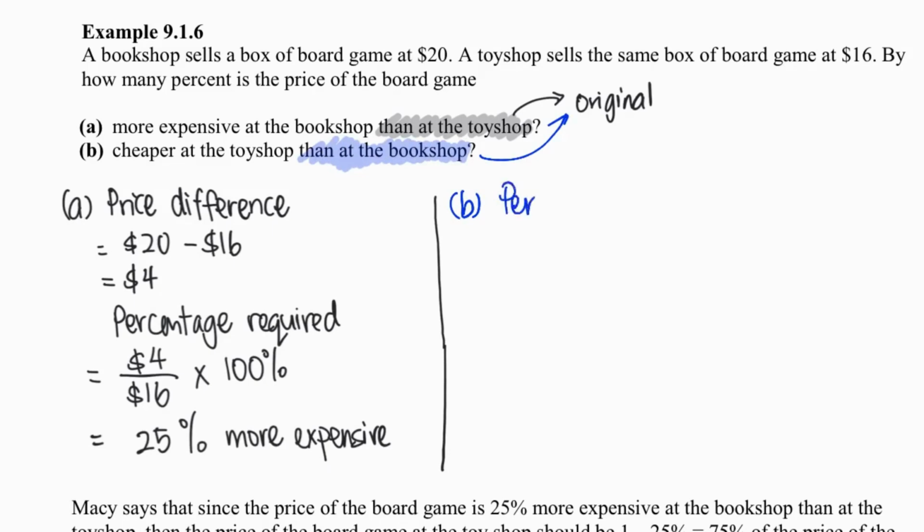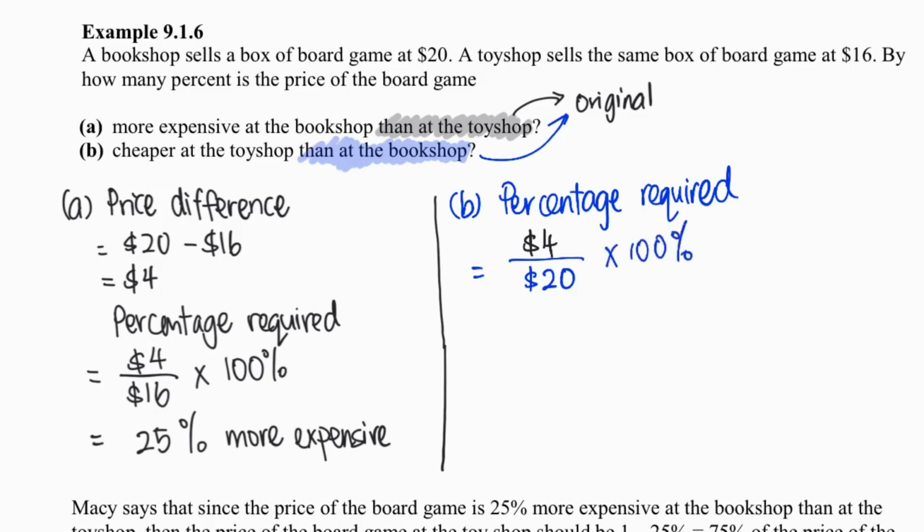So the percentage that is required again is $4, but now, since we are comparing with the bookshop, it will be the pricing below times 100%. And this will give me 20% cheaper.